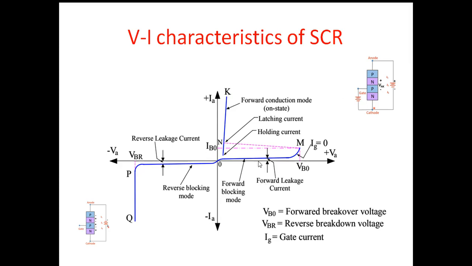If at this instant we apply a gate pulse, then conduction through the device starts and the current increases rapidly. The region where the conduction starts is called the forward conduction state or on state of the SCR.